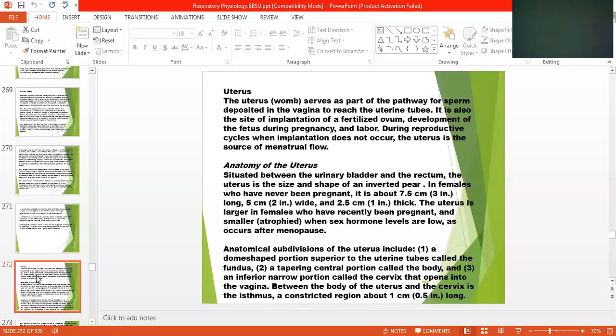And at the end of the uterus that opens into the vagina, between the body of the uterus and the cervix is the isthmus, a constricted region about 1 centimeter or 0.5 inches long.